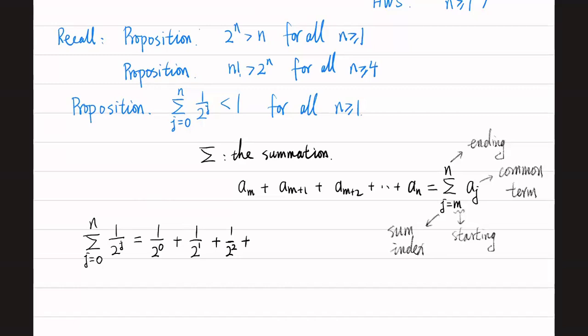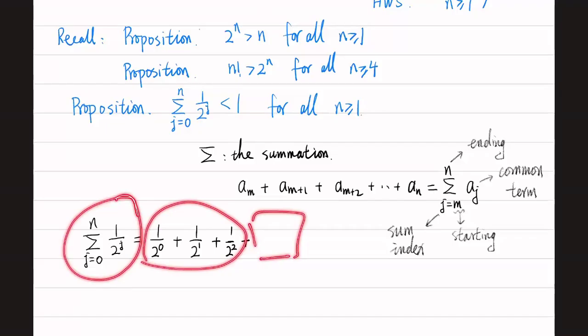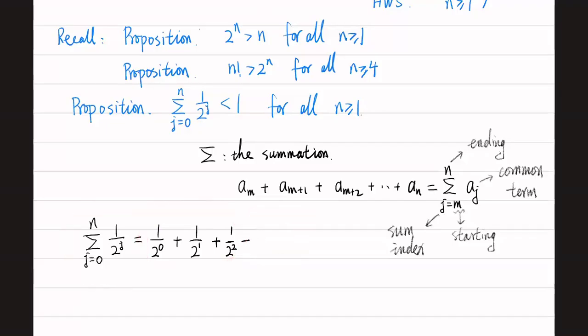Jessica, can you hear us, Jessica? Okay, what's the next term? Wait, could you repeat that? Okay, so we had the first 3 terms. What's the next term for this summation? 1 over 2 to the third. That's nice, yes.